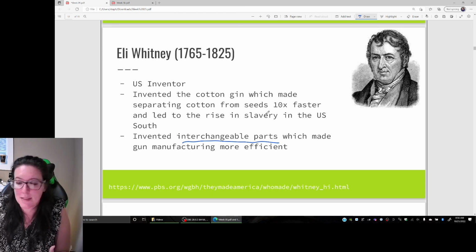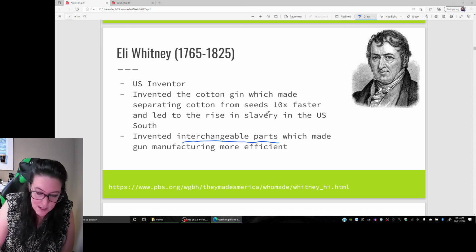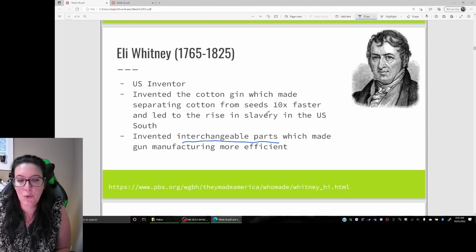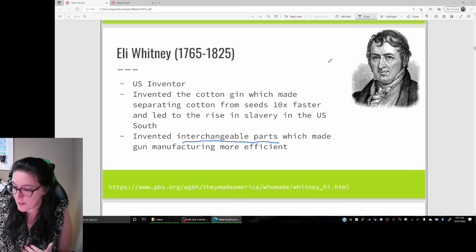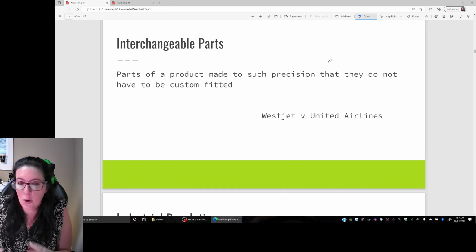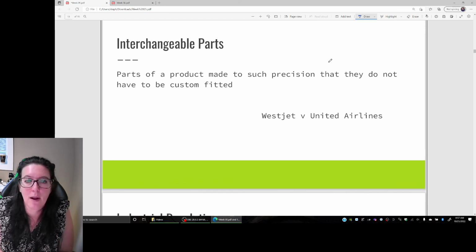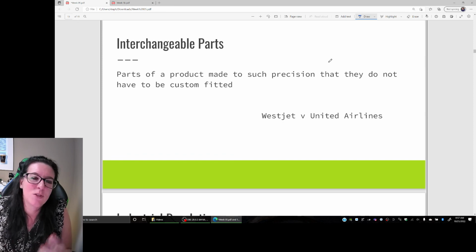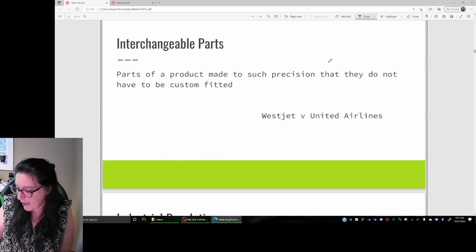So we're looking at ways to increase our production process in order to get more produced and make those costs per unit go down. So with interchangeable parts, the parts of a product are made to such precision they don't have to be custom fitted.